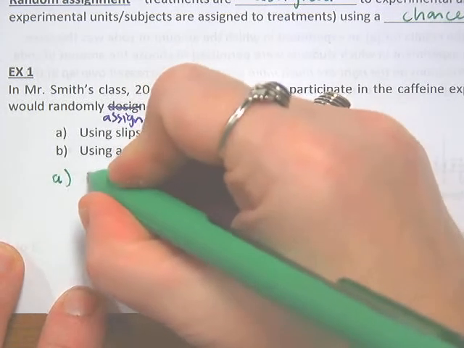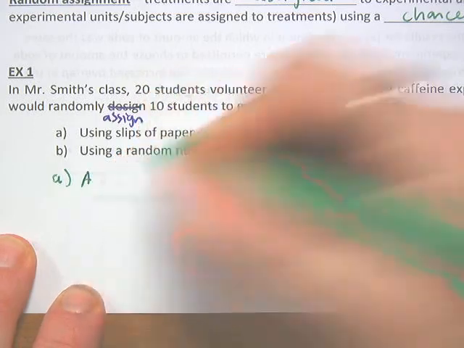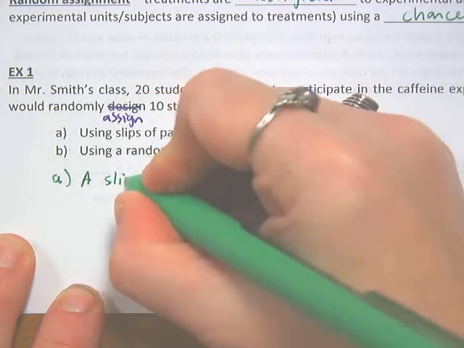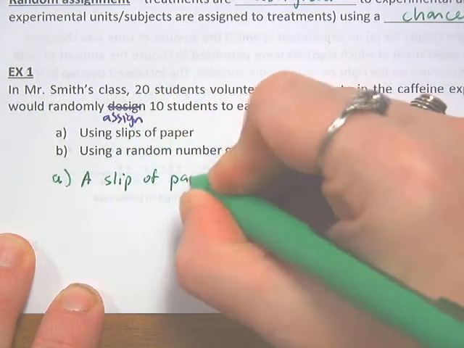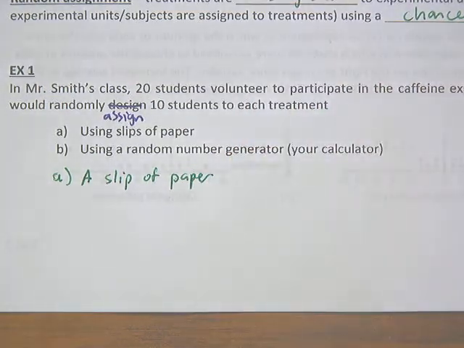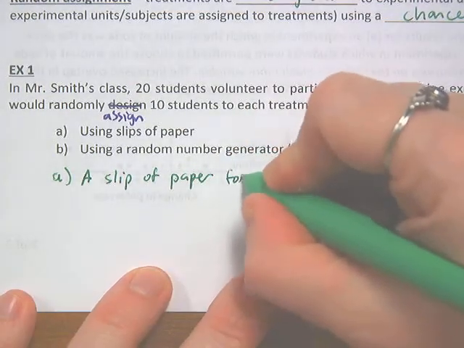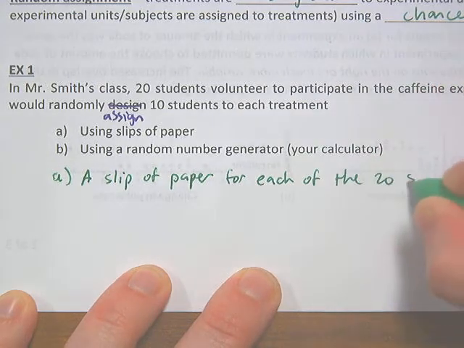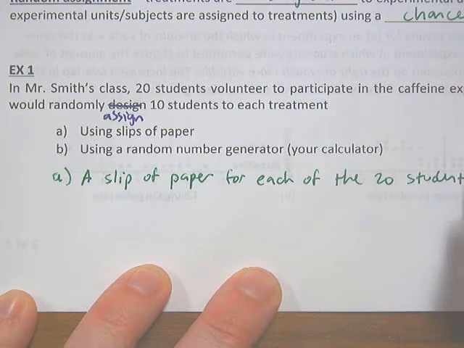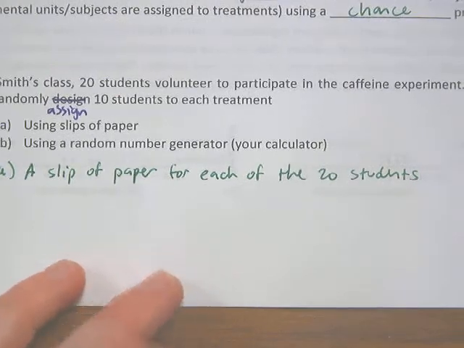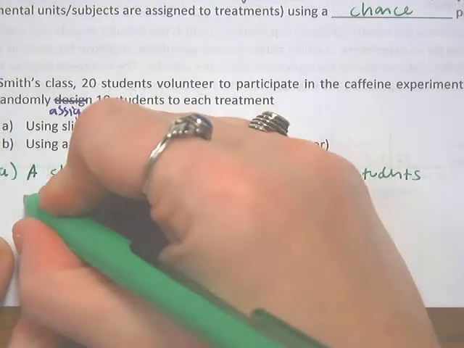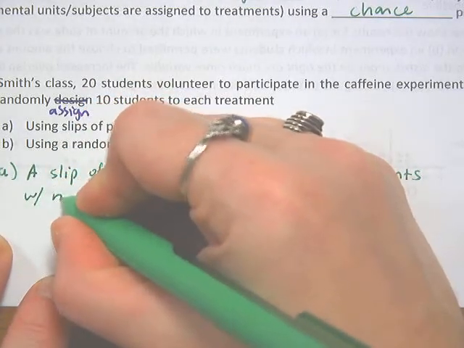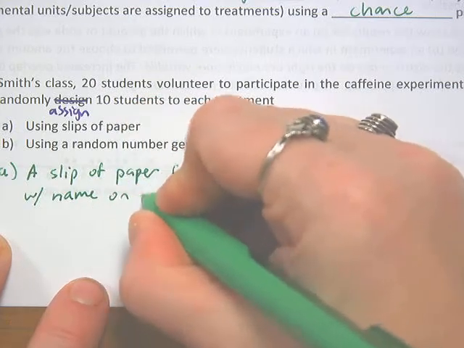So we would have a slip of paper for each student, for each of the 20 students, with their name on it.